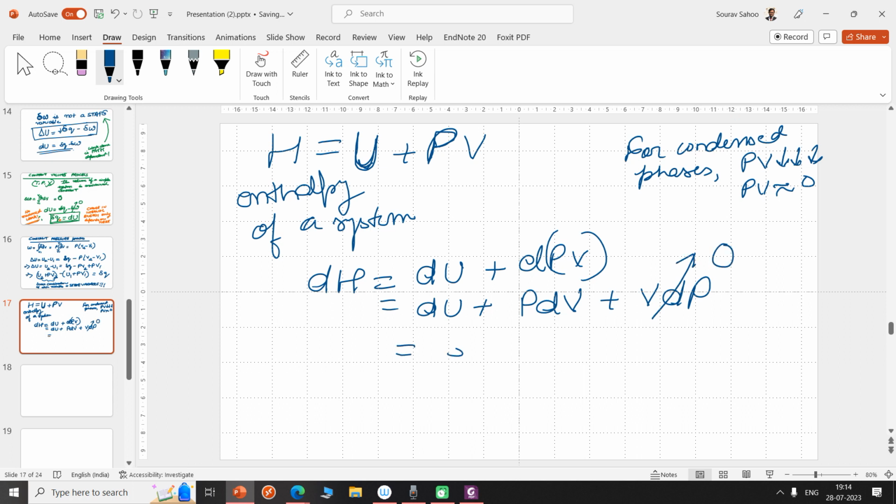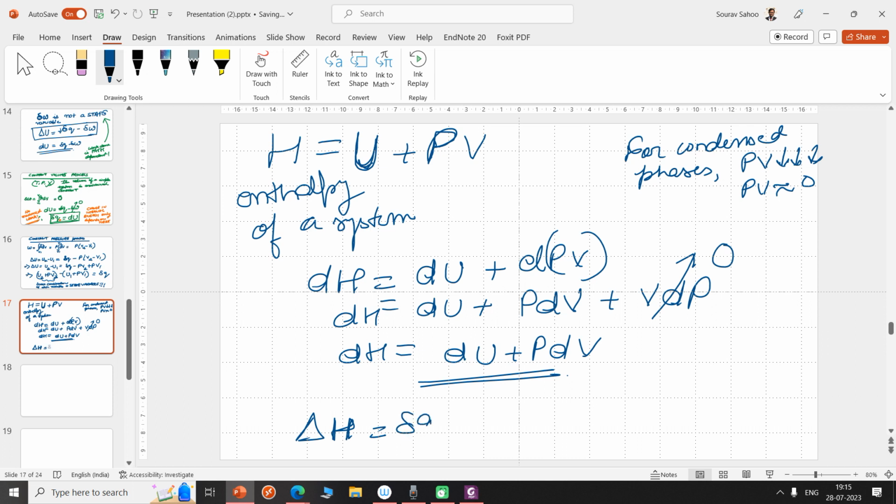So we have dU plus PdV, right? So in a nutshell, what we will be having is delta H is equal to delta Q subscript P, right?